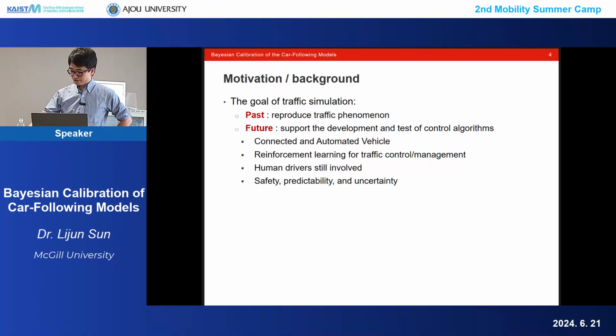But with the development of the transportation sector or industry, you can see now people have started to use car-following models or traffic simulation for more diverse types of tasks. For example, the development of autonomous driving vehicles. Before implementing these vehicles in real-world scenarios, normally what people have to do is to test whether these vehicles are okay in a simulation environment.